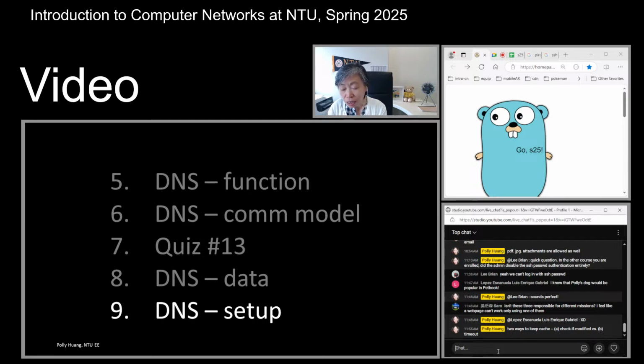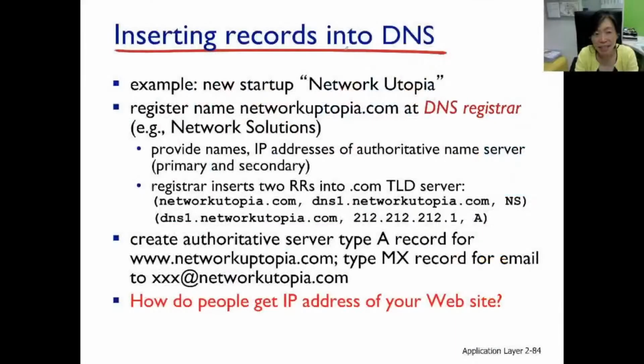And in order for people outside to be able to find the IP addresses of the mail server and web server, the network admin needs to set up a DNS authoritative server as well. So this video talks about what a network admin will need to do when starting a company and setting up the network infrastructure. Now let's try to put our knowledge into use.